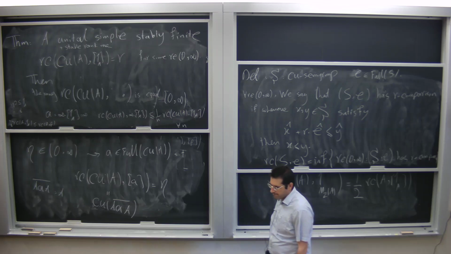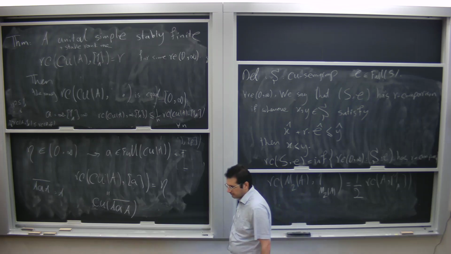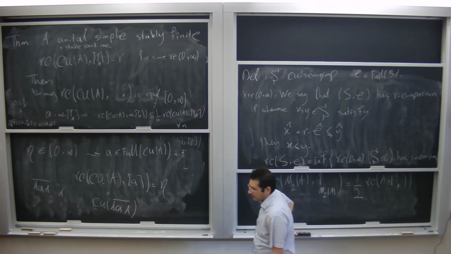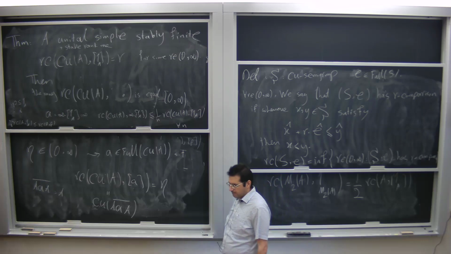But then if you cut down to one of those, what used to be just called the relative radius of comparison of the stabilized algebra, with respect to this fixed projection, if you cut down to this other projection, then that's the unit of that cut down algebra.